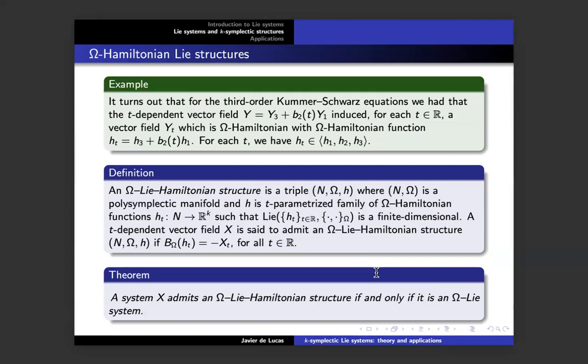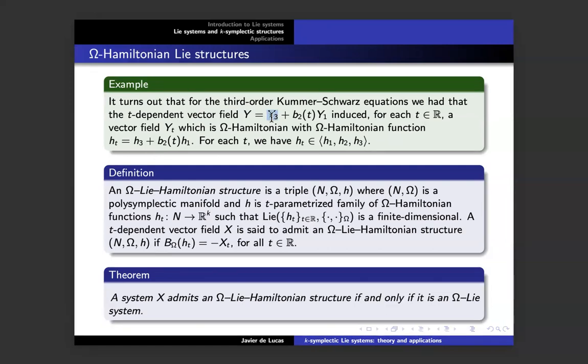Now, for the Kummer-Schwarz equation, the time-dependent vector field, as I told you, was described by means of a linear combination of the vector field Y free and the time-dependent function b2(t) times the Y1 vector field.